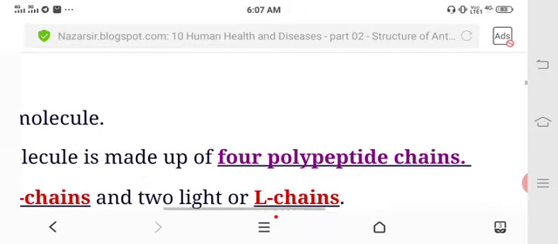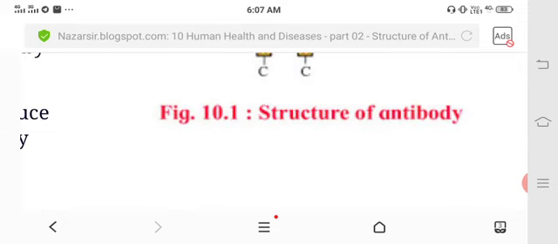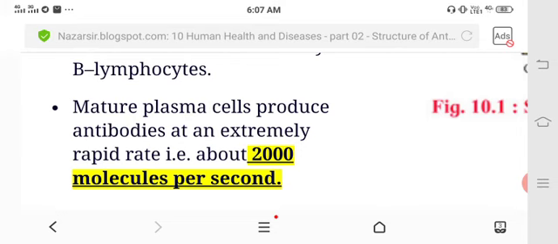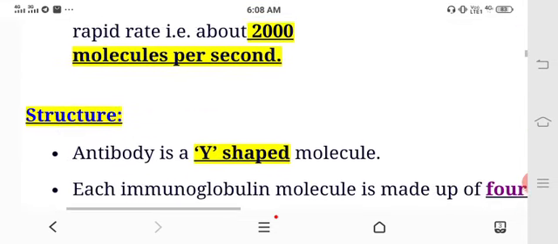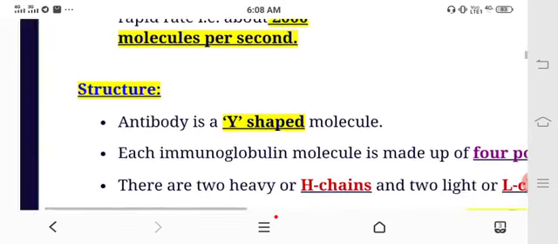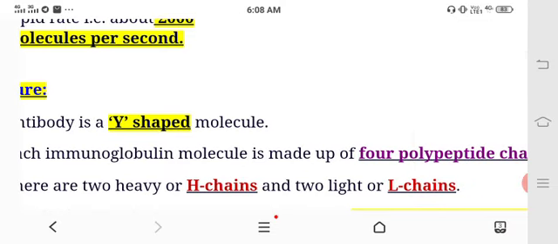Now again we see the structure of antibodies. Antibody is a Y-shaped molecule. Each immunoglobulin molecule is made up of four polypeptide chains.